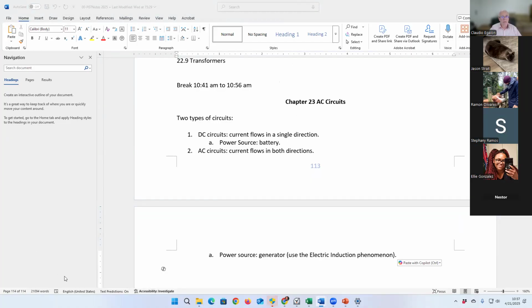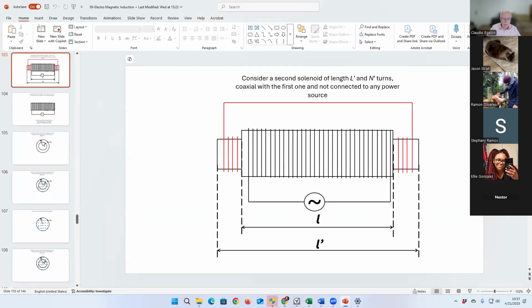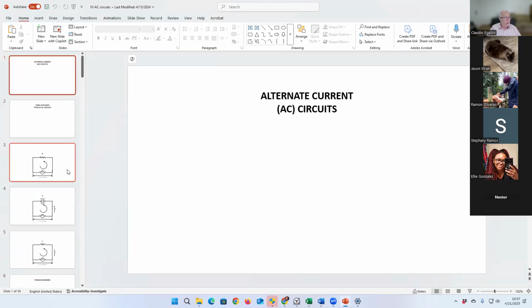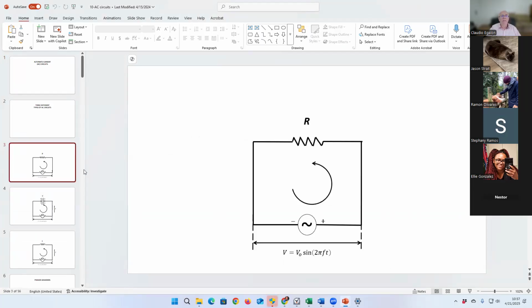Just like I said before, let me put the drawing here for you. Here's an example of the simplest AC circuit that you're going to find out there: the AC circuit with a resistor. Just like we have a DC circuit with a resistor, we also have an AC circuit with a resistor.